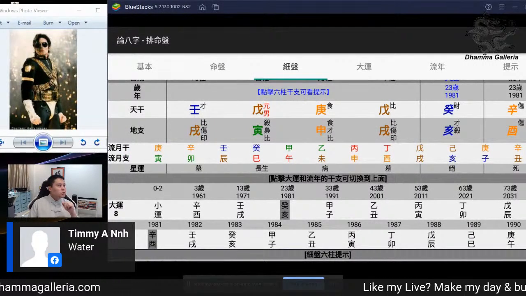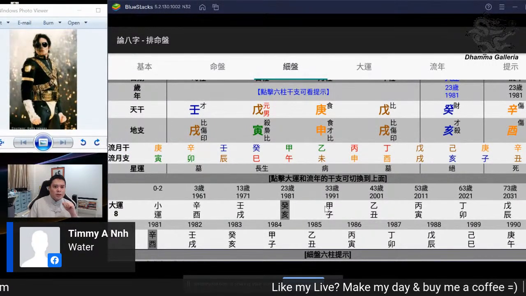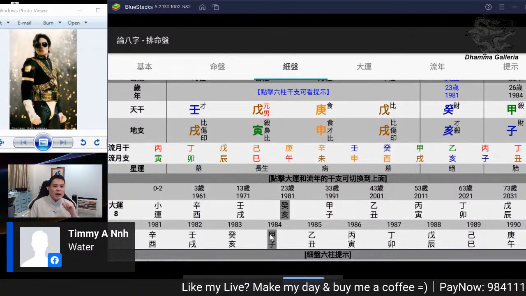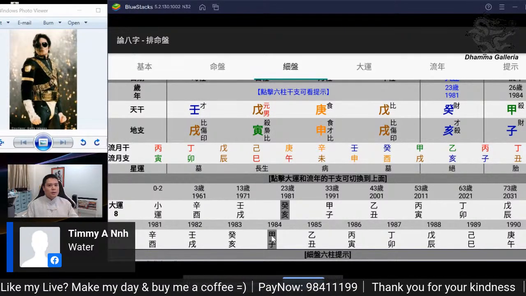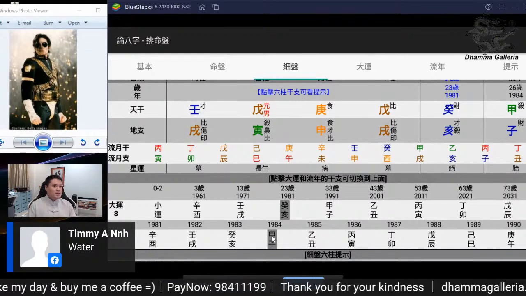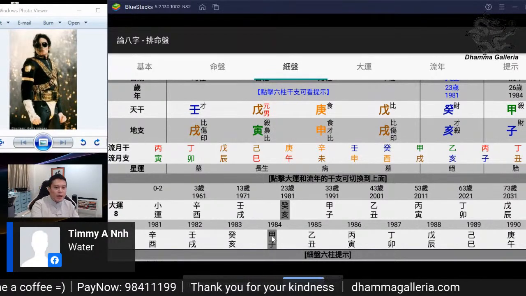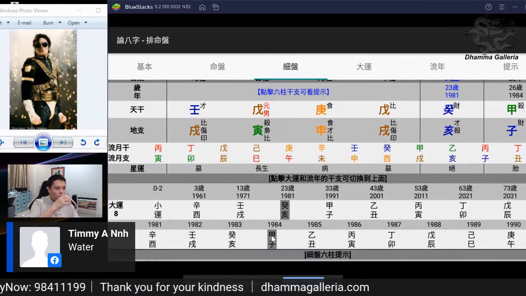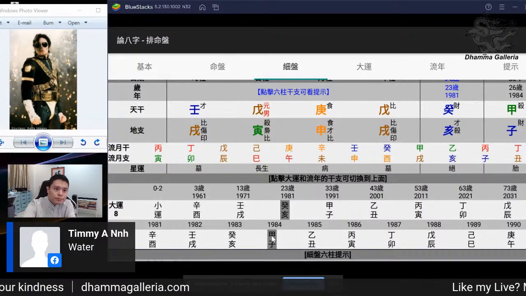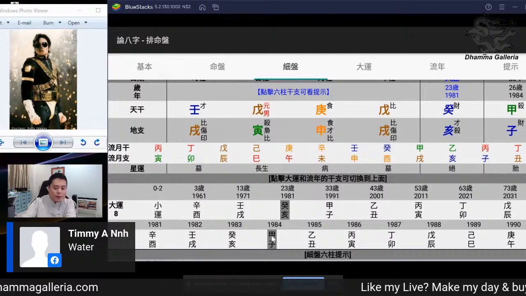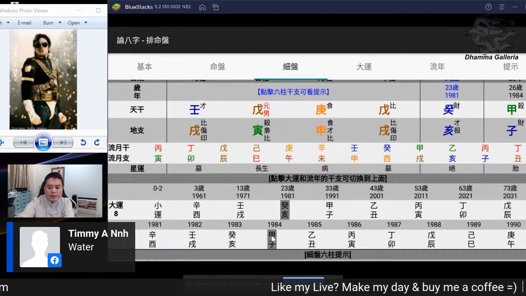那年发生什么事？1984在哪里？在这里哦，甲。What is 甲？Timmy, what is 甲？甲 is what elements? Can you tell me what elements is 甲？Yes, correct, Timmy. You are correct. 甲 is wood, right?